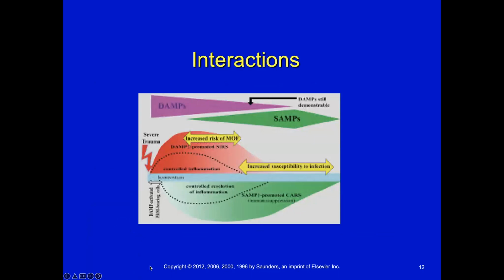So this chart shows a little bit about some of the interactions here between DAMPs and PAMPs. And I like to talk about COVID using this chart because I think it'll explain a lot of what happens with the COVID disease. So obviously it's caused by a virus. The virus is actually the initial stage of COVID.